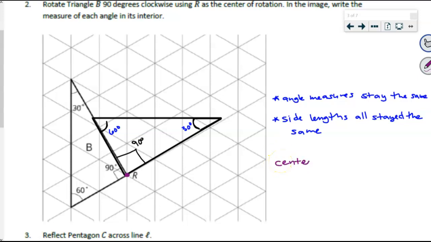We need to know what is that pivot point. And once we know what the pivot point is, we need to know how much we're rotating. So we need to know the angle and direction of the rotation.